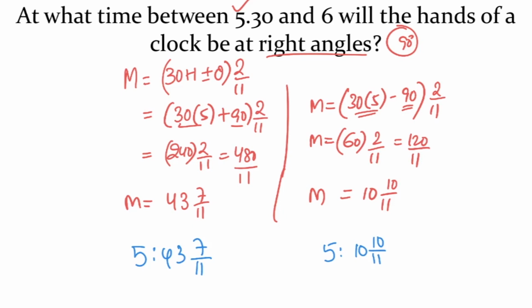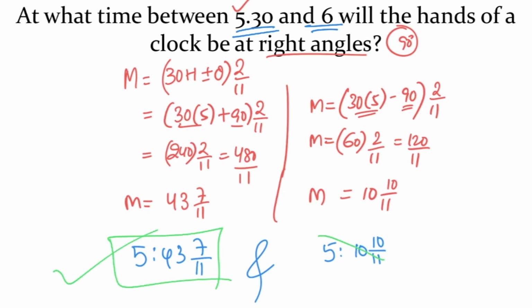Which of these two is correct? Both are correct, but if you see the problem, requirement is 90 degrees angle, but not in between 5 and 6, it is in between 5:30 and 6. If the time is in between 5:30 and 6, first option is possible and second case is not possible because it is before 5:30.